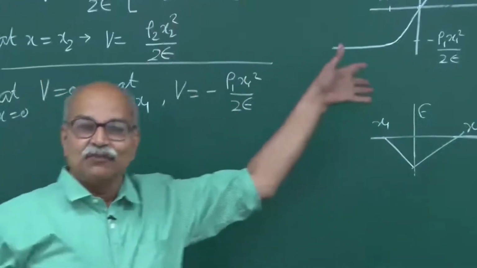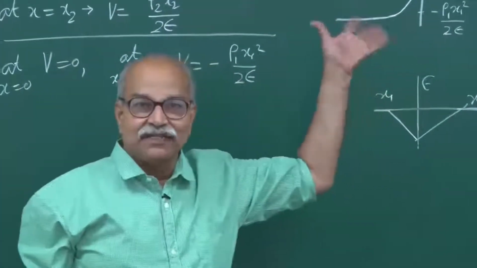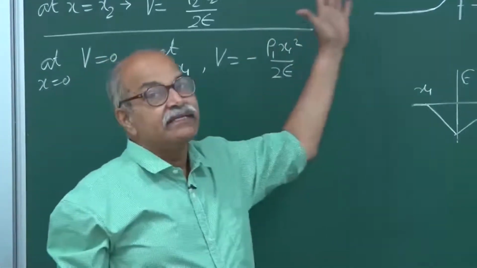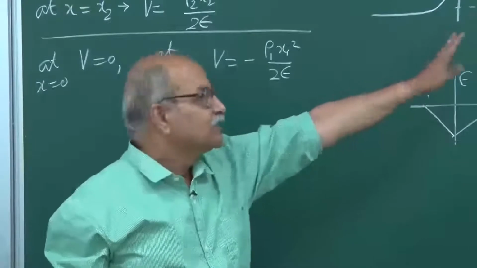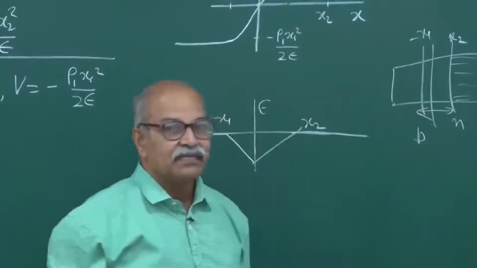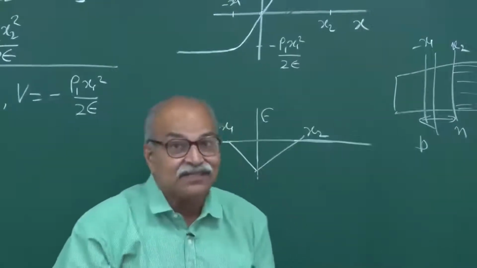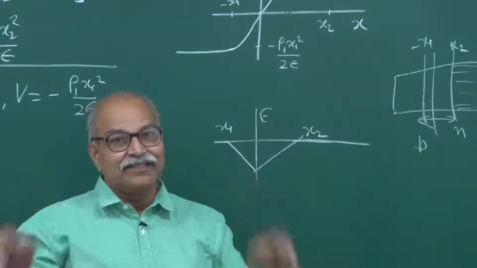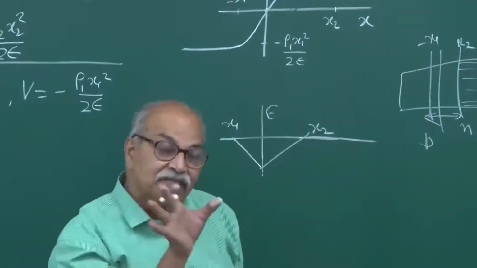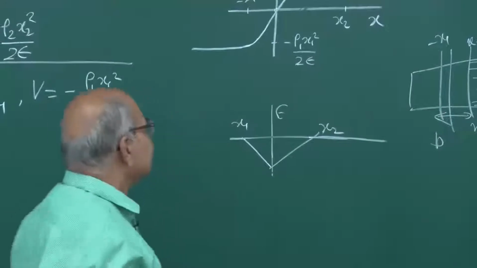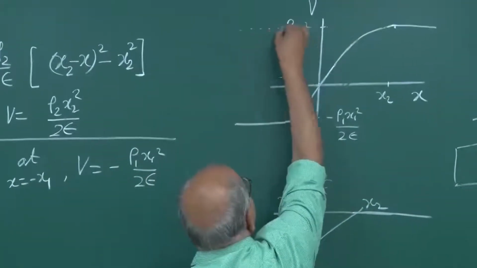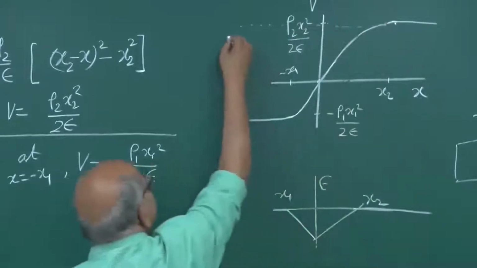So that's the kind of potential variation across this junction as you go from the p side to the n side. So this is at a lower potential, this is at a higher potential. There is a built-in potential inside this material. No batteries, nothing, but there is a built-in potential difference here. And this difference is known as the potential barrier.